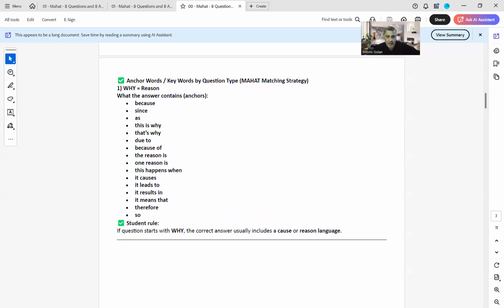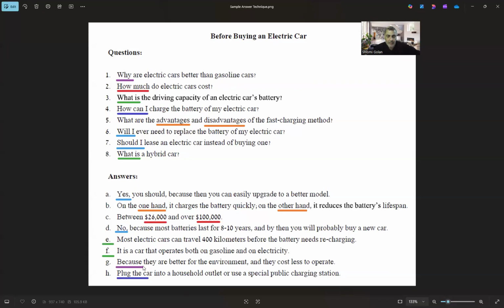And when you do it this way and you underline it, the answers just pop up. You don't really write anything yet. You just list it. Why are yada, yada, yada? Well, because yada, yada, yada.